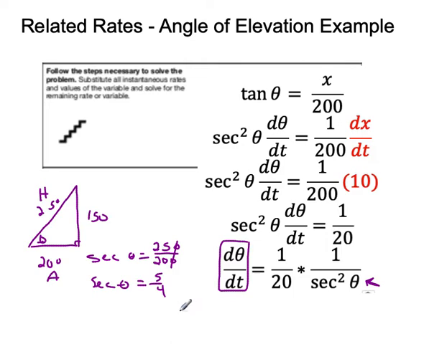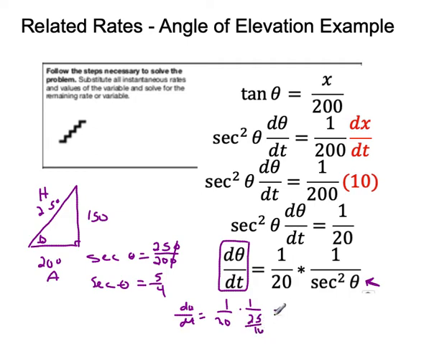So now I can replace this value right here of secant squared as 5 over 4 squared. So when I go to do that, I'm going to say that d theta dt is equal to 1 over 20 times 1 over secant squared, which I know is now 5/4 squared, so that's going to give me 25 over 16.